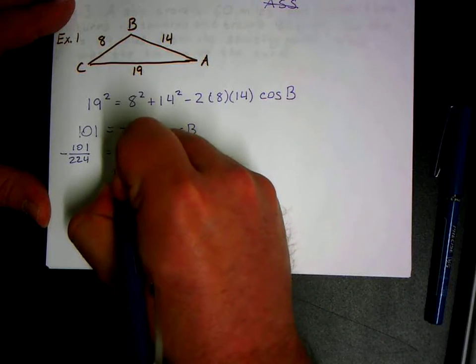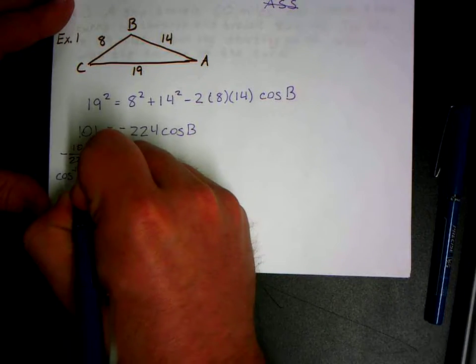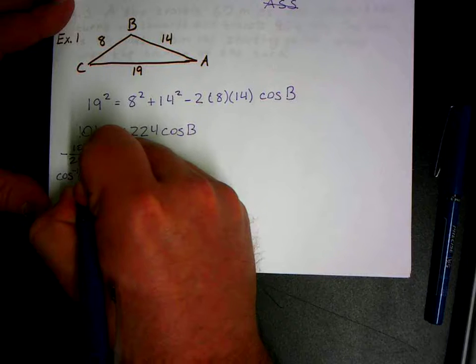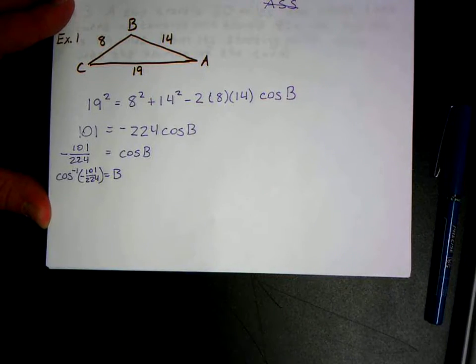So B equals the arc cosine of negative 101 over 224.